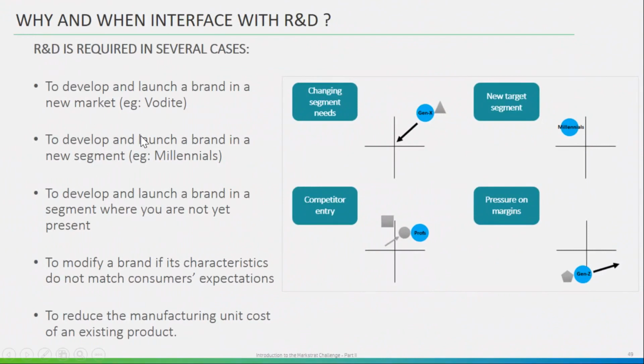So this is kind of the most challenging thing in the simulation, other than maybe production estimates, to wrap your heads around. Okay, so first of all, R&D should be used to either modify existing brands or to create new brands.